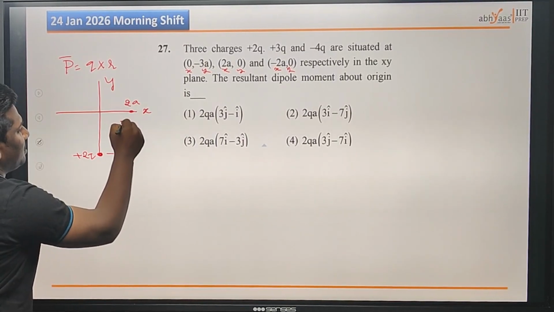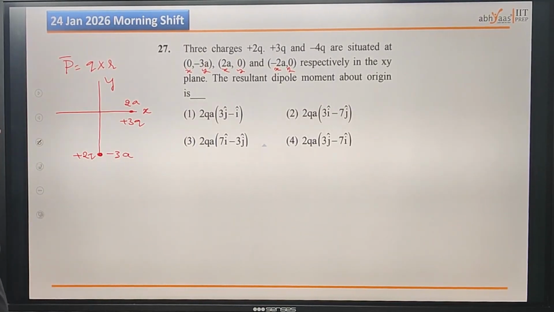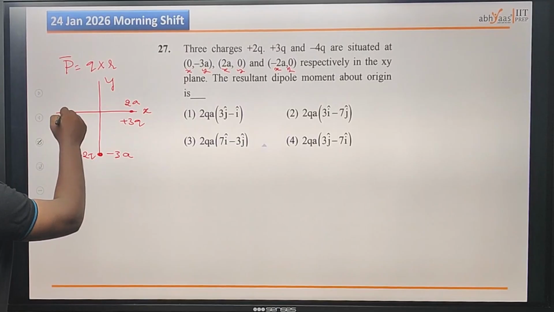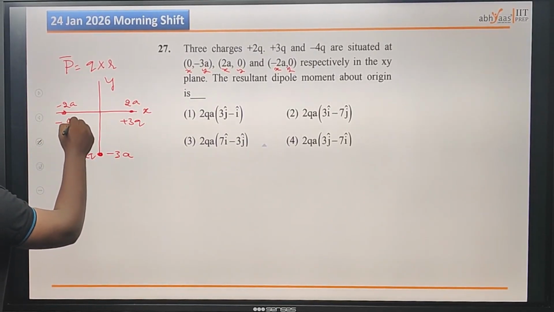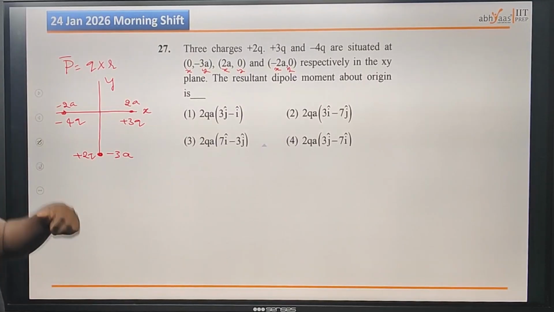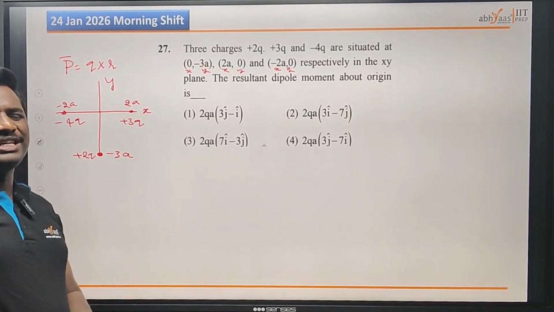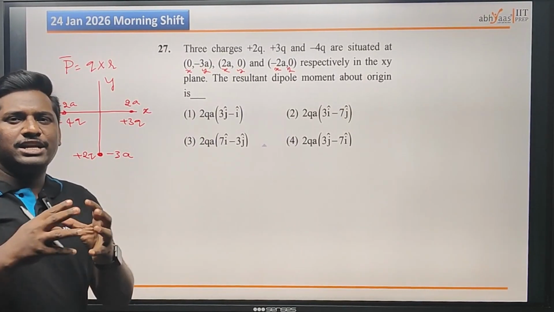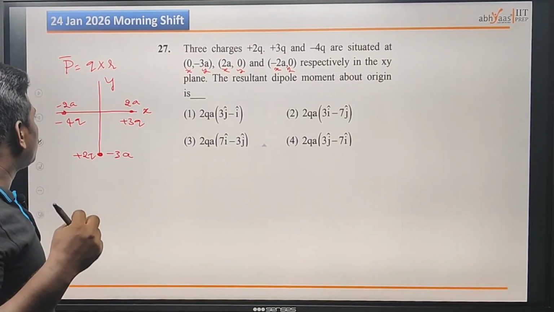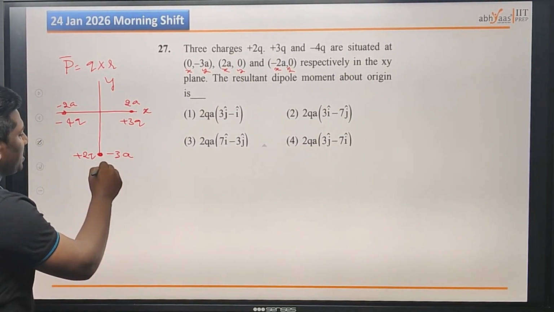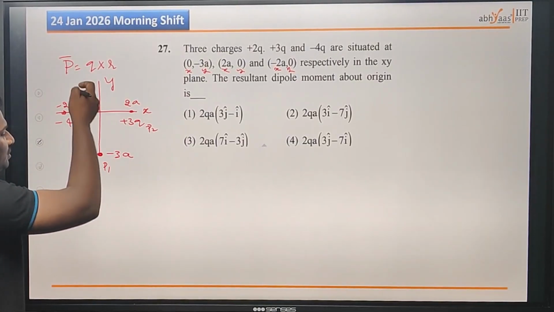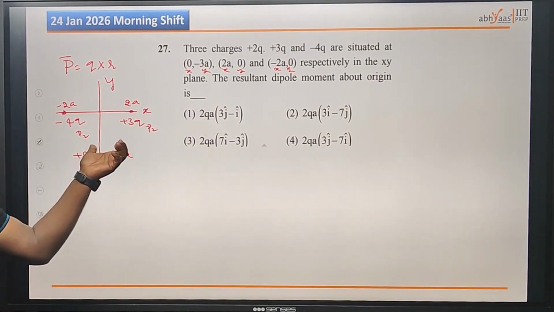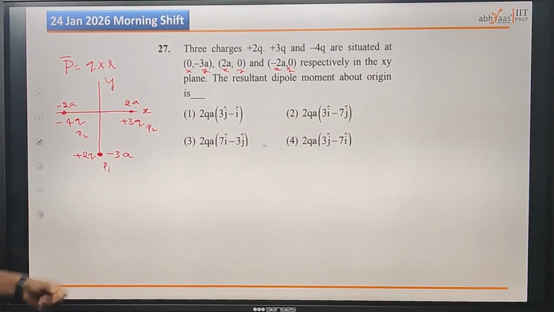At position minus 2A, you have minus 4Q charge. So how to find this? The resultant dipole moment is nothing but the addition of the individual dipole moments. So these can be P1, P2 and P3. So our net dipole moment is nothing but P1 plus P2 plus P3.